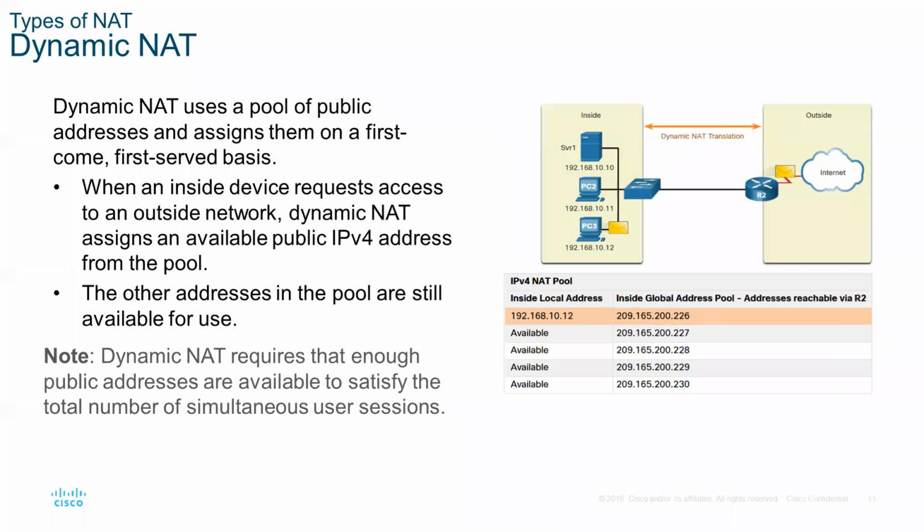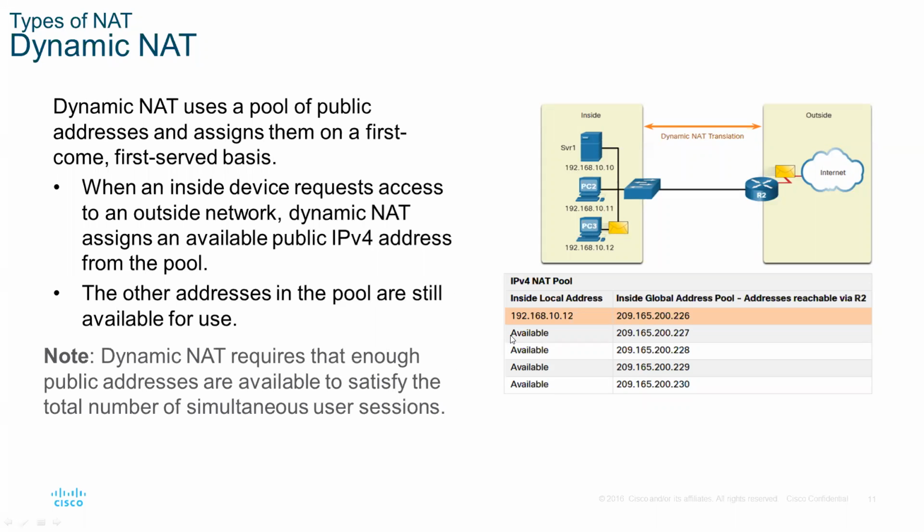But we can automate the process so that we can reuse the available global address pool by putting it as a dynamic NAT, which means we put all of our global addresses together in a pool, and as devices need them, they just use them first in, best dress scenario.